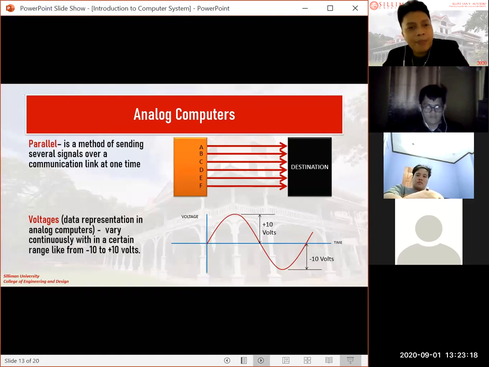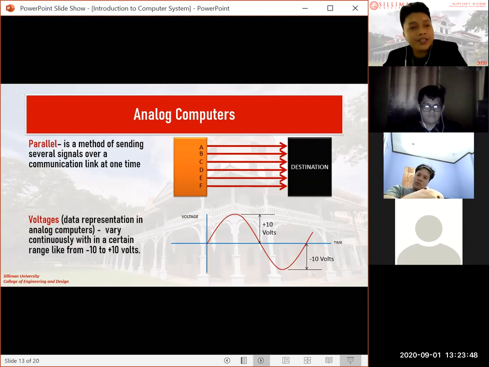So parallel, what does it mean? Parallel means sending signals over a communication link at one time. If you are sending information A, B, C, D, E, F, it sends the information at the same time. So you call that parallel. Then in terms of storing data or representing values, they are using voltages.